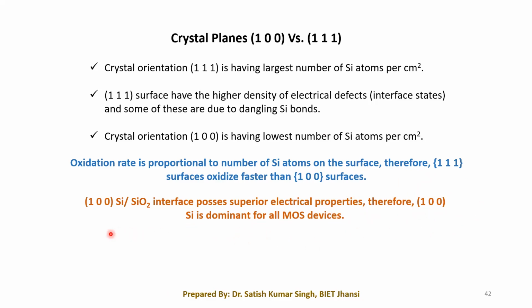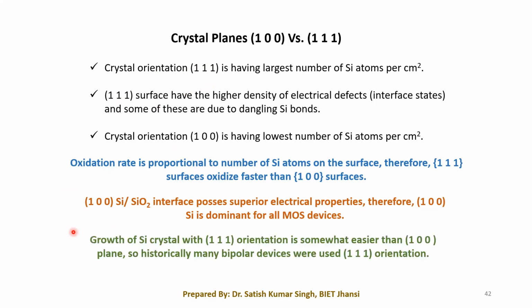Moreover, in the earlier days when IC fabrication began, near about the 1960s, 70s or 80s, they used to use the 111 plane rather than the 100 plane.